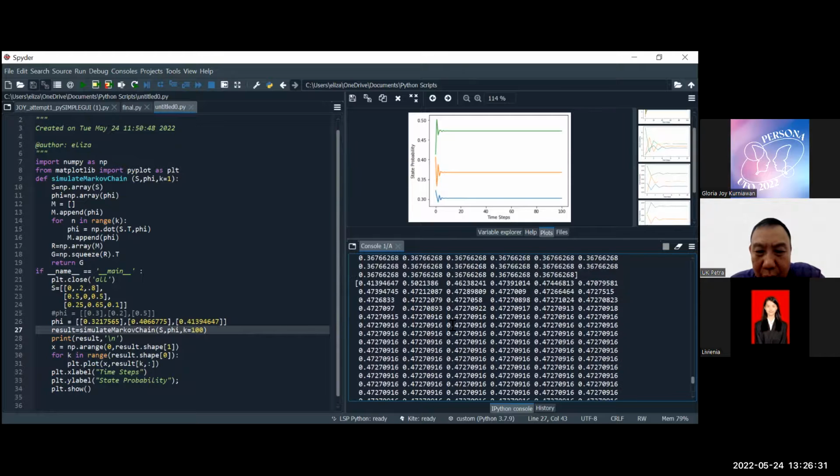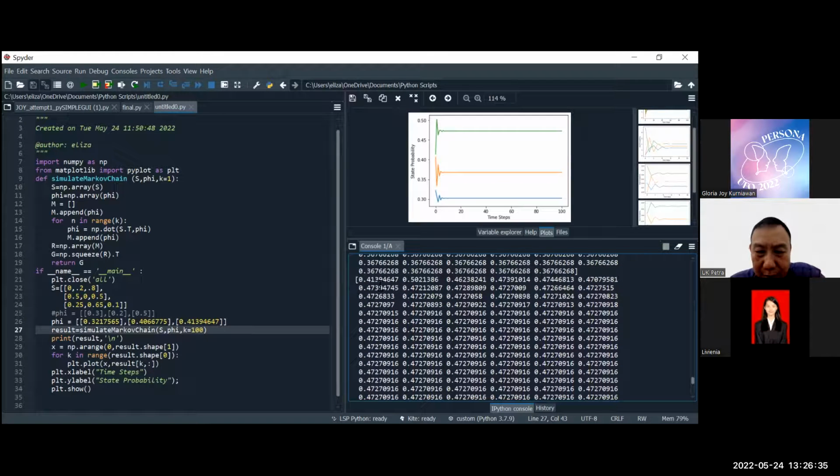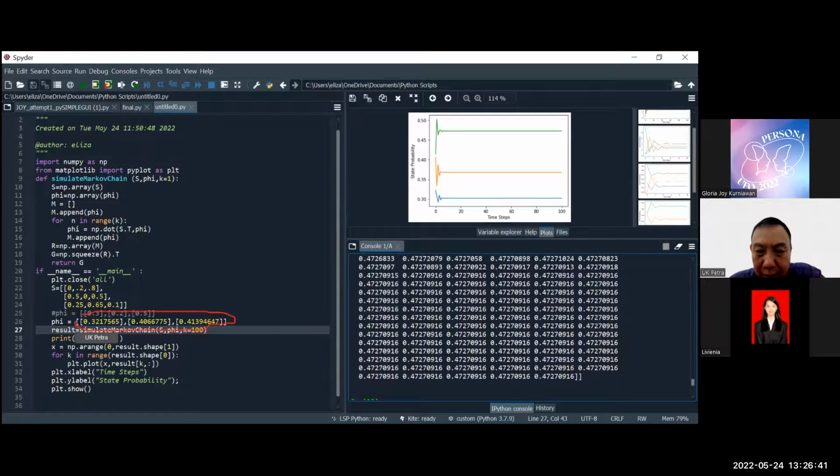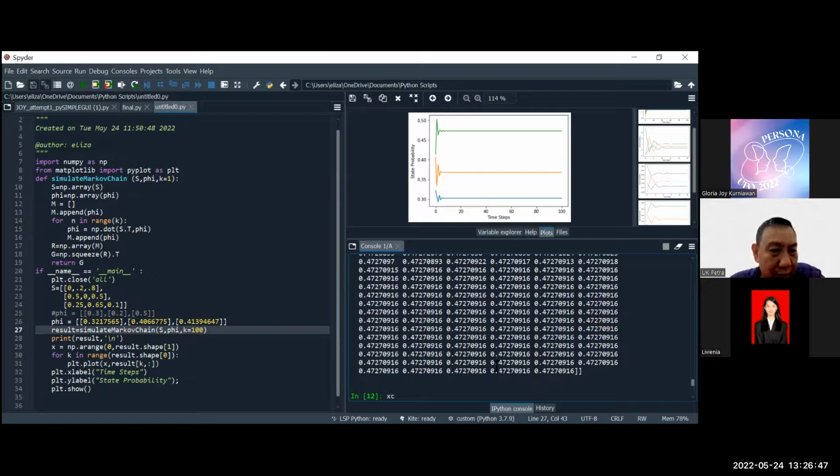Anyway, if you copy that value, 0.36, 0.47, you input that into the new pi here. Okay, this value 0.47 something. That is the third one, right?